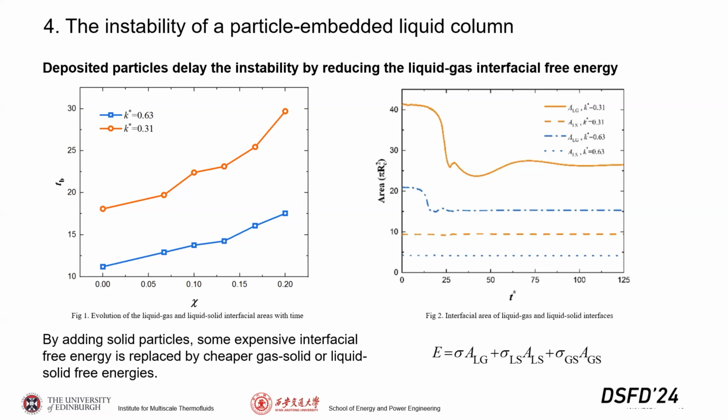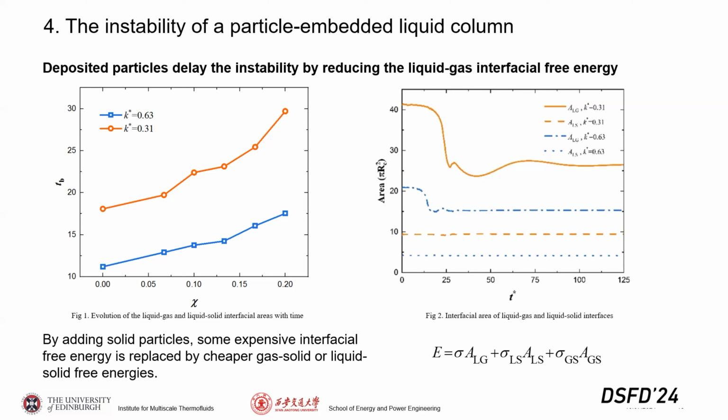We also measured the interfacial free energies, the liquid-gas and the liquid-solid interfacial free energies. We found that during the whole instability process, the liquid-gas interfacial free energy changes very dramatically, which means that part of the free energy does most of the work.